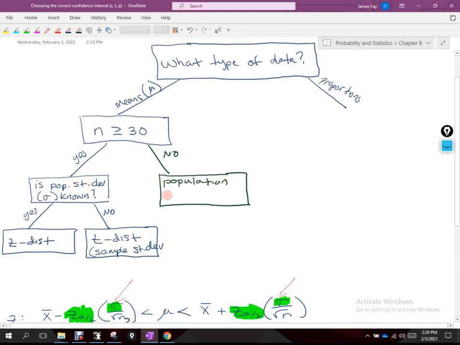So if we have maybe a situation where we cannot get a sample big enough to where the central limit theorem would kick in, we would want to know, is this sample of maybe 10 or 15 or 20 coming from a population that is normally distributed? Because if it's coming from a population that's normally distributed, then the sample will be normally distributed. Does that make sense? Okay.